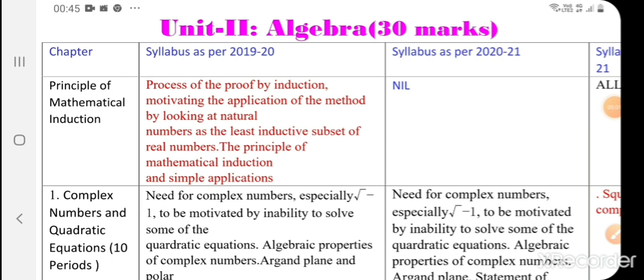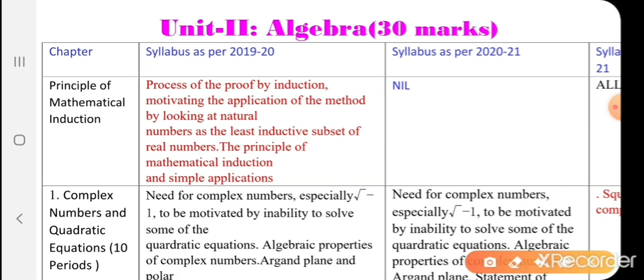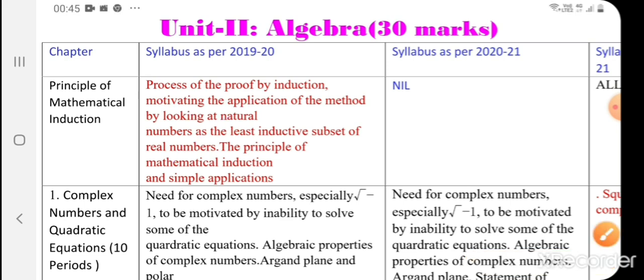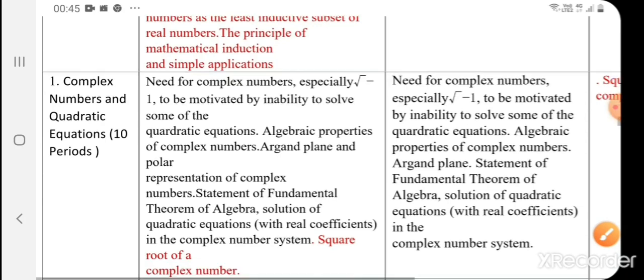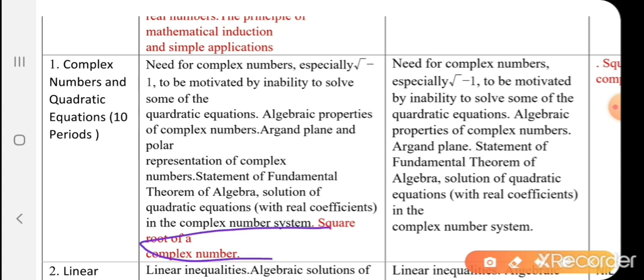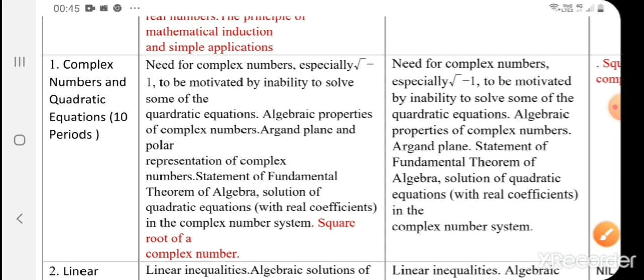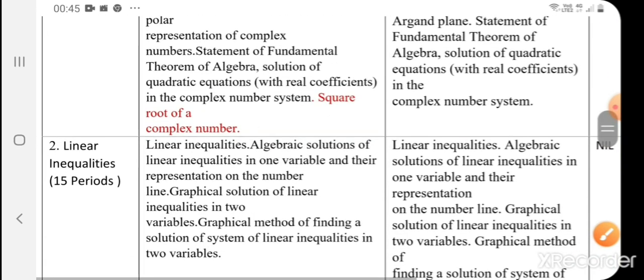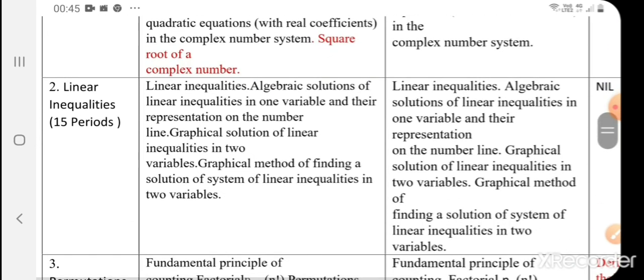In unit 2, algebra, the principle of mathematical induction is excluded already. In complex numbers, all are included. Only the square root of a complex number is excluded, and everything else is included. Now the second chapter, linear inequalities.